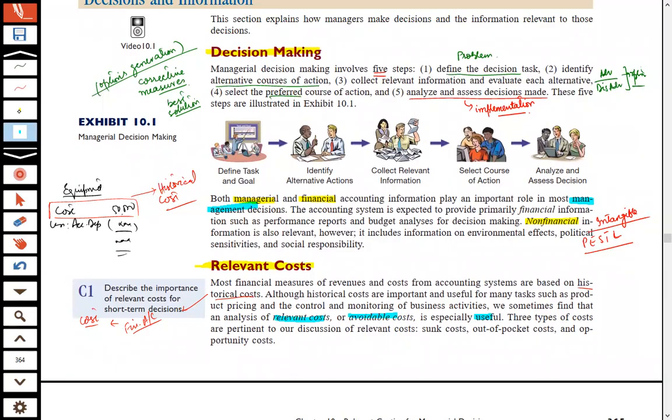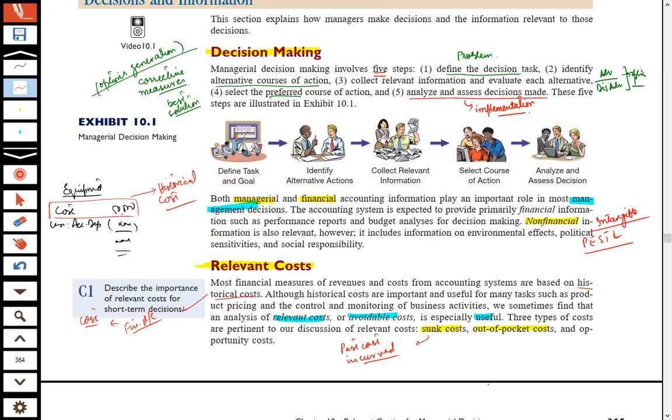Number one is sunk cost. We know what sunk cost is: the past cost incurred. But there is another cost known as out of pocket cost.